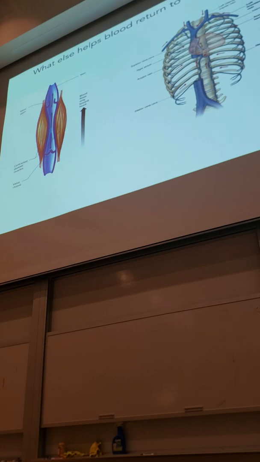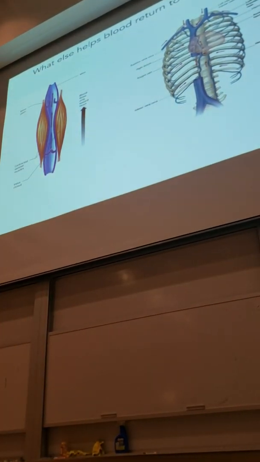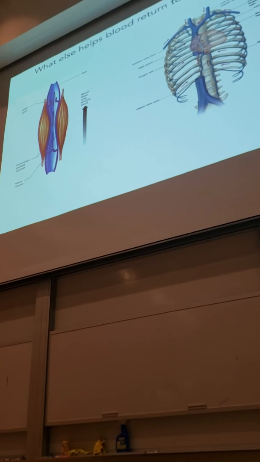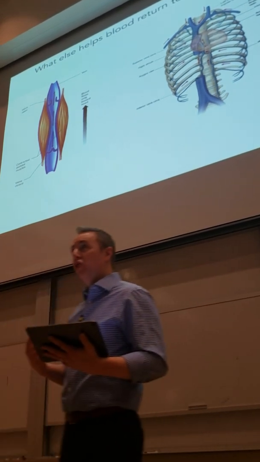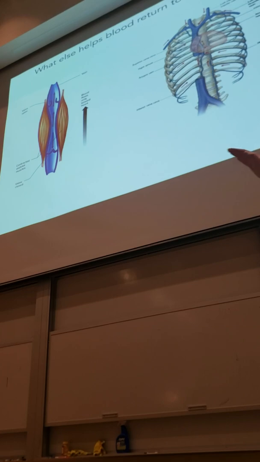One is the skeletal muscle pump, which you see on the left here. This is illustrating the fact that when muscles contract in our extremities, particularly our legs, they create pressure on veins locally. We have little valves. You can see there's a valve at the bottom, there's a valve at the top.